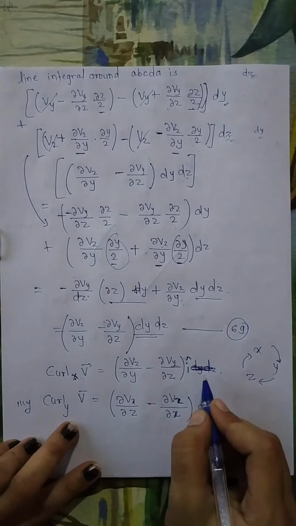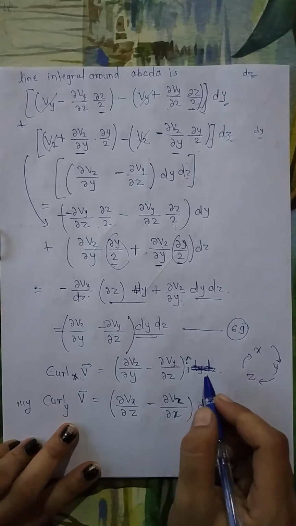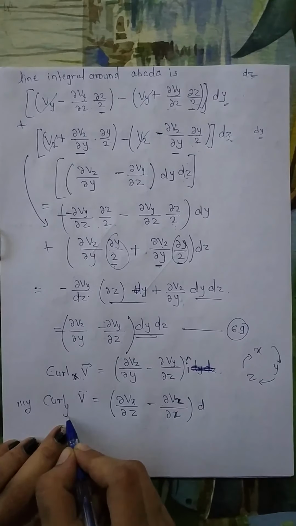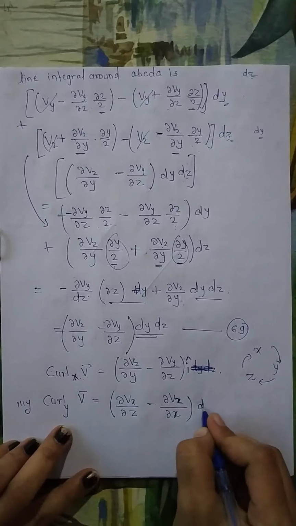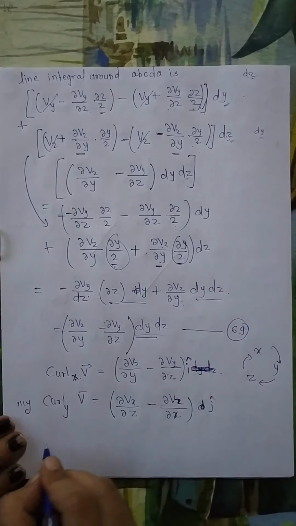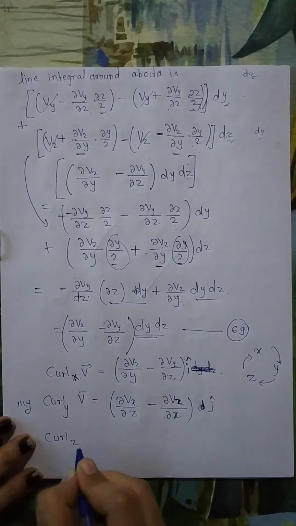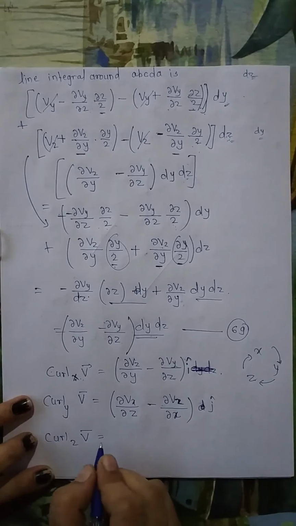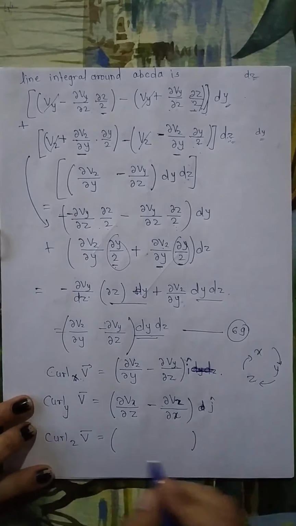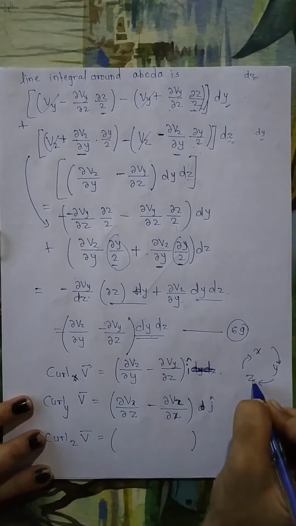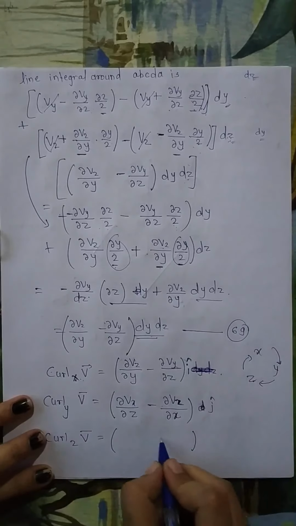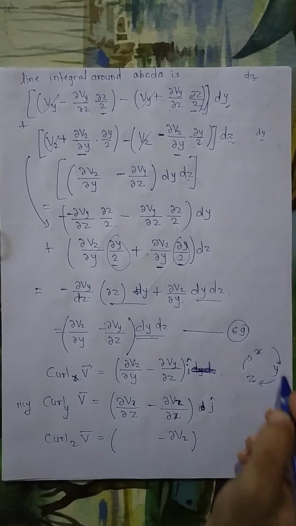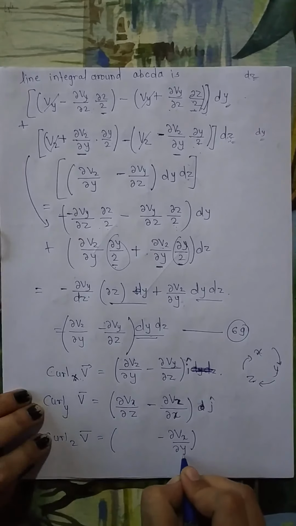Now again this is per unit area, so the line integral per unit area along the y component of curl v bar will be here j cap, and for curl z, now for z we will again take here, after z there comes x, so we will take minus dou vx. Now after x there comes y, so upon dou y.